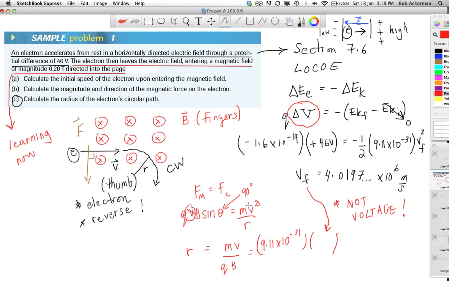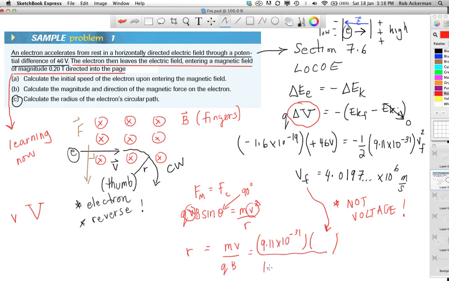They're not always paying attention to their symbols, and so they sub them in. That's why you have to write speed as little v and voltage as big V. If you don't respect your symbols, they have a way of tricking you and giving you the wrong answer. The v here is speed. The V there was voltage, which may have helped the electron gain its speed, but they are not the same.